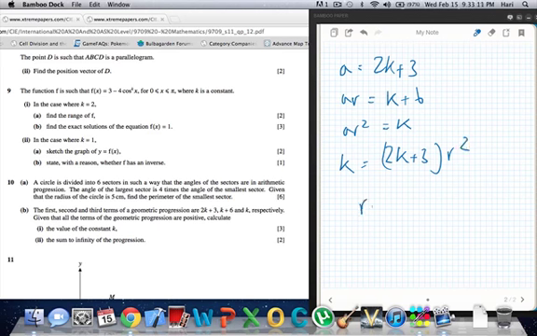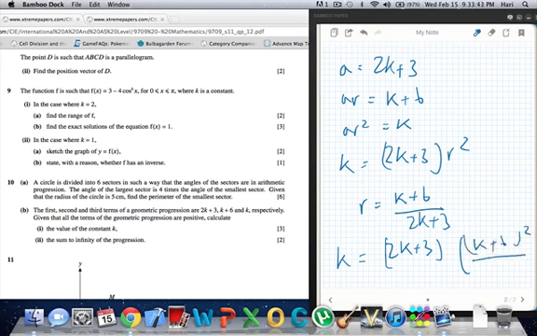And we know that r is equal to k plus 6 divided by 2k plus 3. So if we're going to solve this, we can say k is equal to 2k plus 3, substitute r for here, and we have k plus 6 the whole squared divided by 2k plus 3 the whole squared. And this whole thing in brackets. I hope you can see where I'm going here.